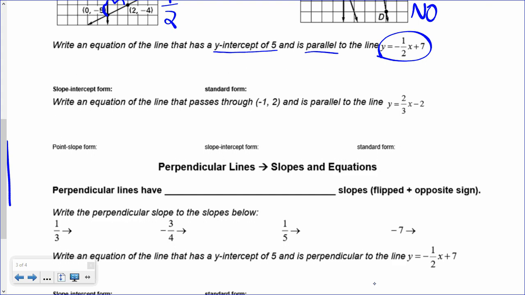I have two different forms of the equation I want you to use. Why do I want to start with slope-intercept form? Why did I pick this one? Why would this be the most helpful form of the equation to use? There were 3 different forms of the equation of a line. Why is this one most helpful to begin with?